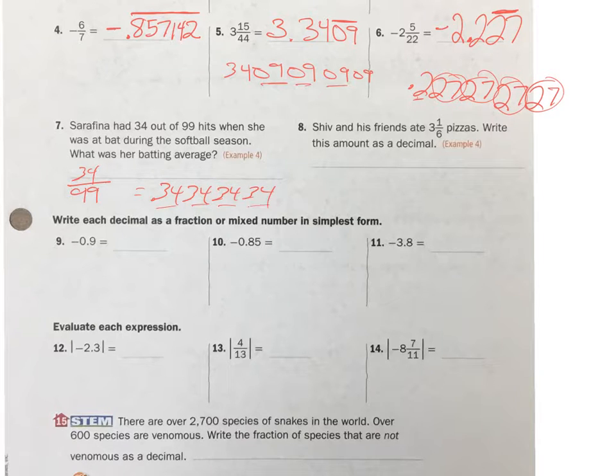That 34 repeats, so it's 0.34 with the bar notation above it. Okay? So her batting average was 0.34 repeating. You can turn 0.34 into a percent by just moving the decimal over 2. It's 34. So about 34% of the time she got a hit. Okay? And in baseball, that's pretty good.